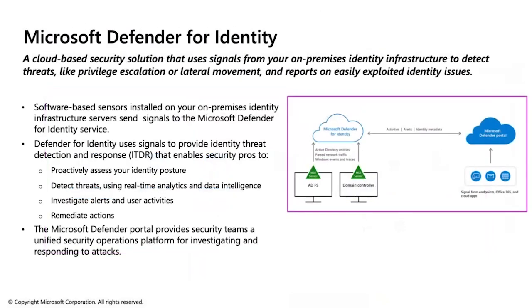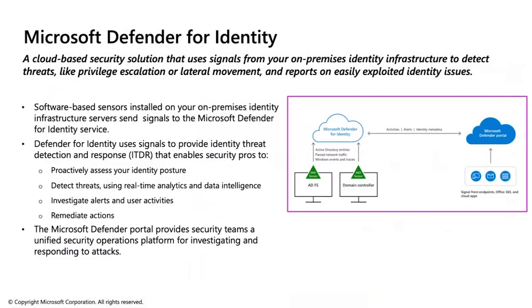We have Microsoft Defender for Identity. This MDI is related to providing security for your on-prem Active Directory system. In your on-prem Active Directory system, you will be using some MDI sensors. These MDI sensors will be installed on our ADFS system and our domain controller machines.